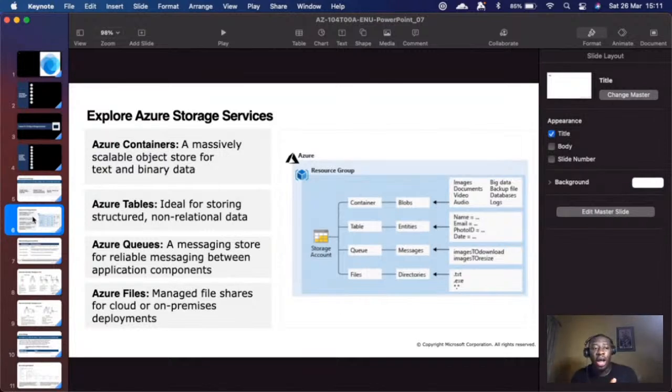Take for instance, your application is supposed to be sending some kind of messages to the customers by default. You want to configure your Azure queues to serve as a buffer for this application messaging. Now, the next feature you want to look at is called Azure files.